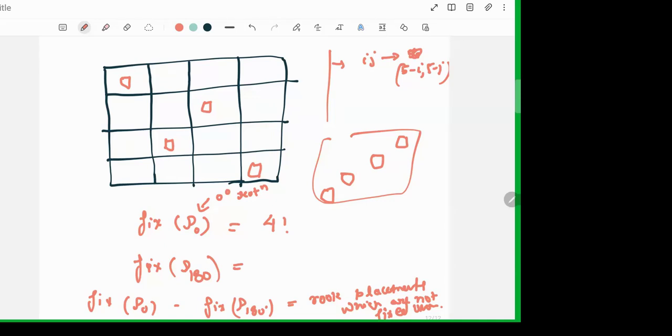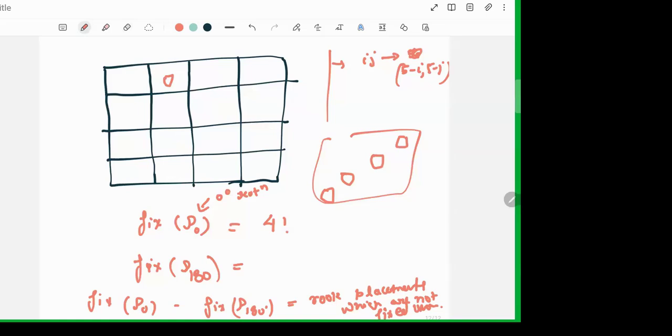So suppose you place the rook at the first row, second column. Then it isn't fixed under 180 degrees unless, right? Let's do what you are saying. You are saying place the first rook on the first row, second column, right? That's what you said. Yes. So what do you want now?